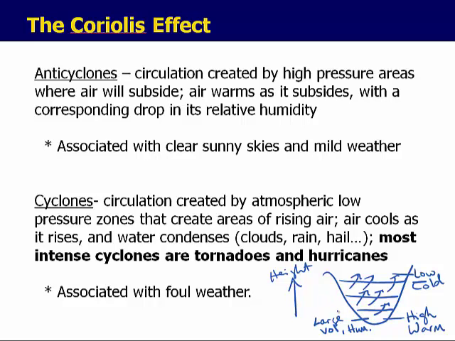And as that air rises and it cools, the volume shrinks. And so compaction, or compact volume, creates a situation where the humidity drops out and rain occurs. Depending on how strong the difference here is between the high pressure and low pressure system in the atmosphere, the strength of this cyclone will change.